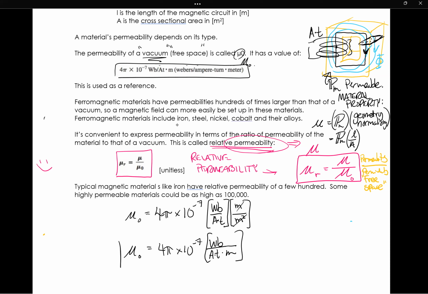Somebody measured this and said in free space, that's what it is. It is not a lot, not very permeable.